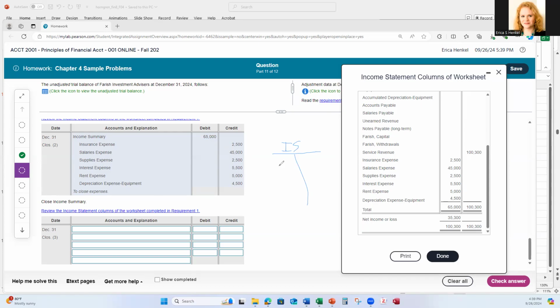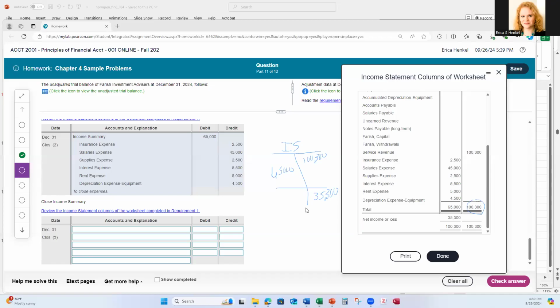We debited it for 65,000, and we credited it for the 100,300, which means if we net those against each other, we have a credit balance of 35,300. And this is going to get closed out into my equity account.